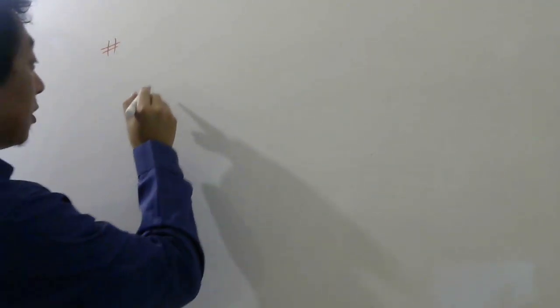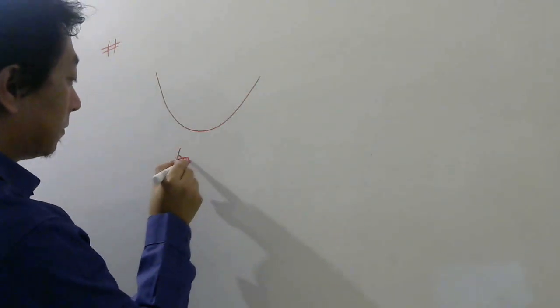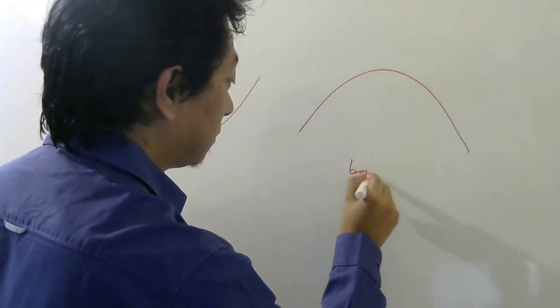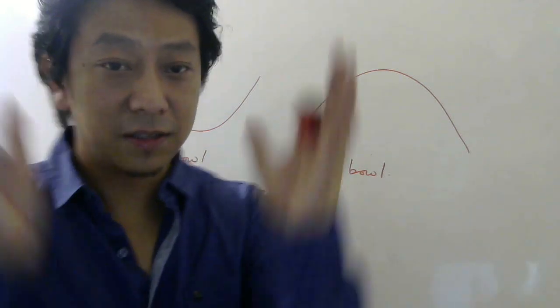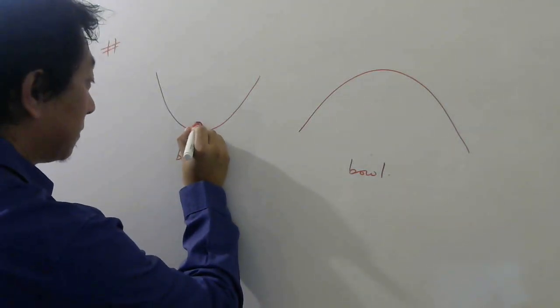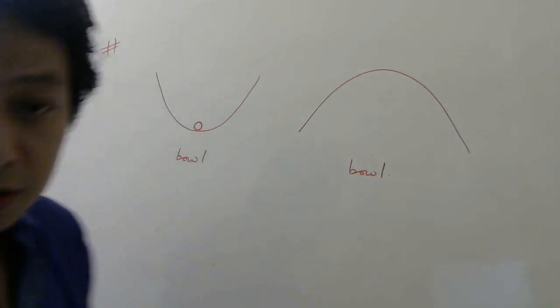Now, to differentiate between these two equilibria, let us study one small case. This is mainly for entrance exams. Suppose I give you a ball like this, and here I give you a ball like this, or you can think of some surface like this. Now, if you keep a marble here at rest, will it remain at rest or not?